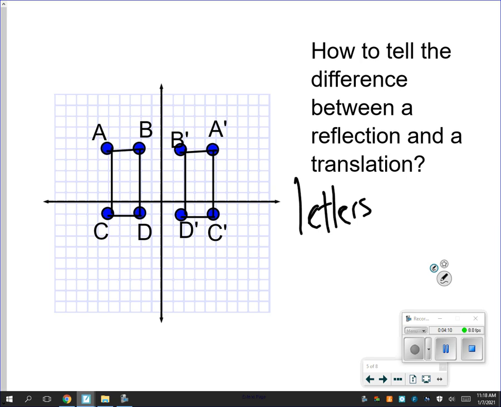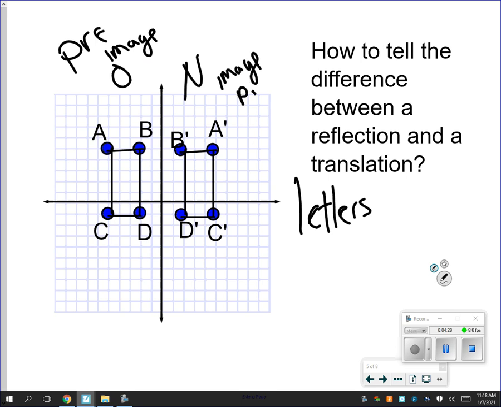I look at my A, B, C, D. My old shape is on the left here, so I'll label it the original, and my new one, the prime, is on the right. You might see this one as your pre-image, and the other as your image, or the prime.